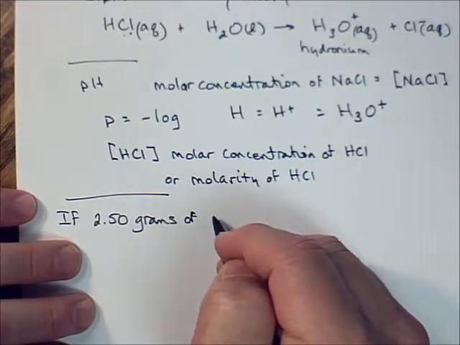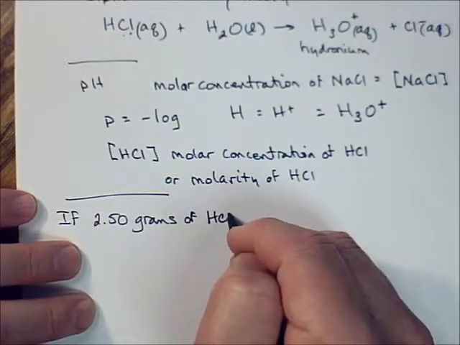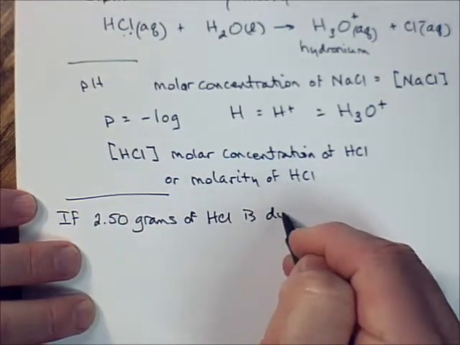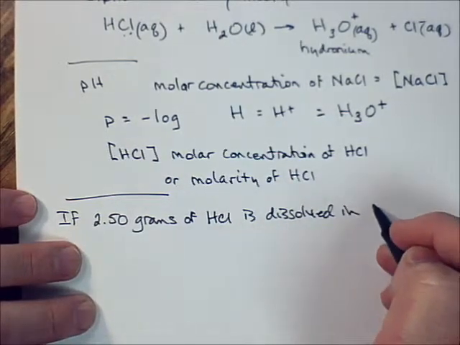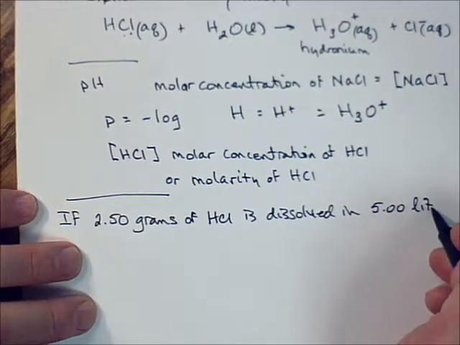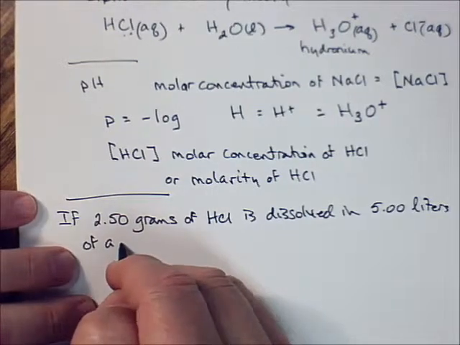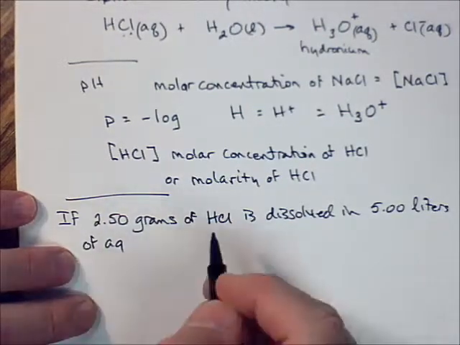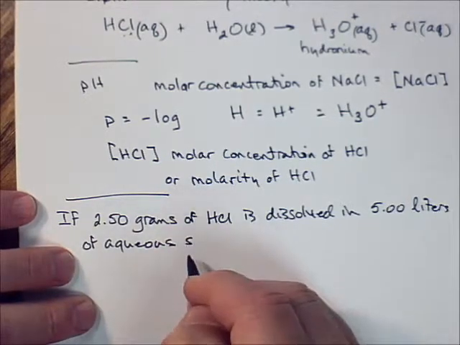If 2.50 grams of, let's just say, hydrochloric acid, in 5 liters of aqueous solution, which means the hydrochloric acid has been dissolved in water. Aqueous means dissolved in water.